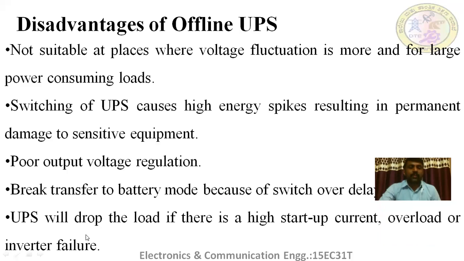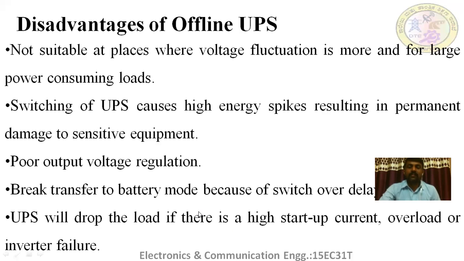The last one, UPS will drop the load if there is a high start of current, overload, or inverter failure. So these are the reasons when the UPS will not work properly or it stops working. That is, the loads may require more current because of overload, or the inverter used in UPS has failed.